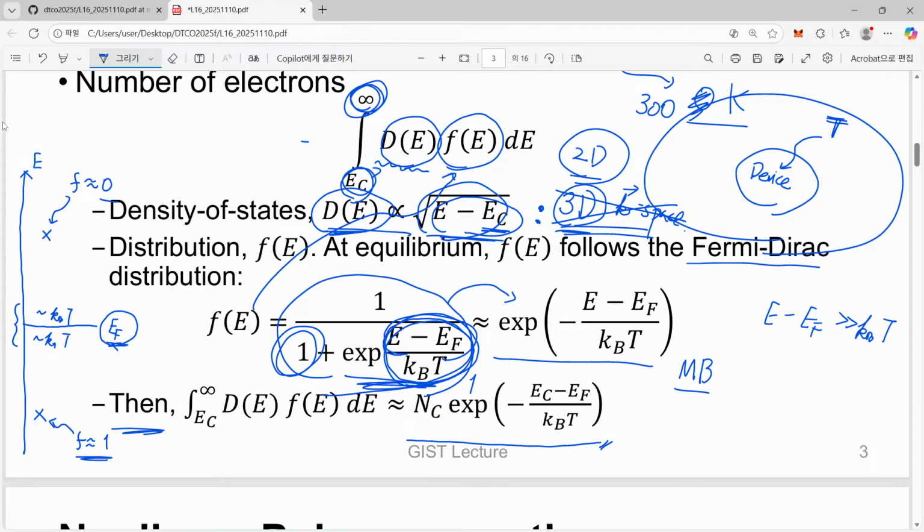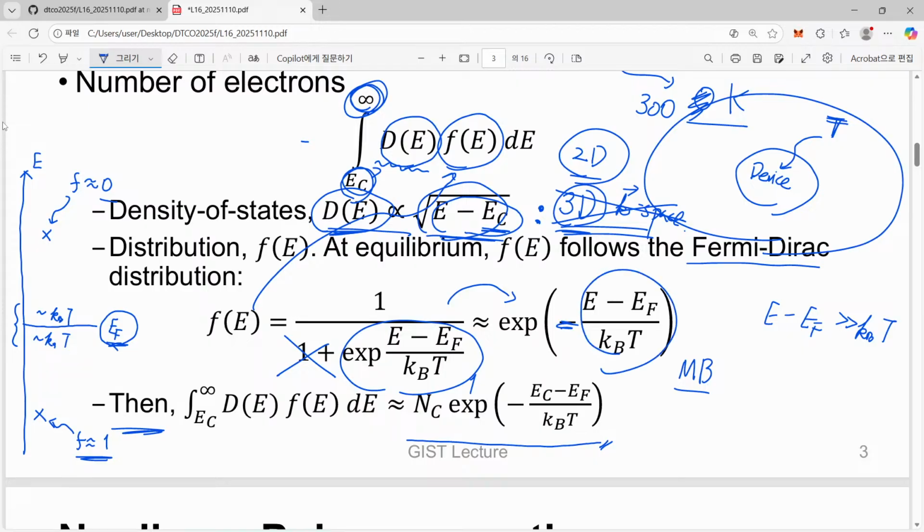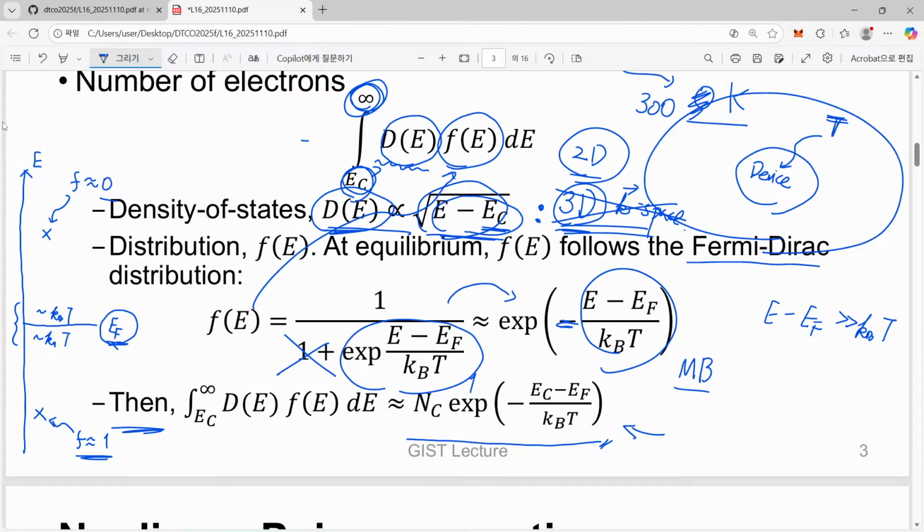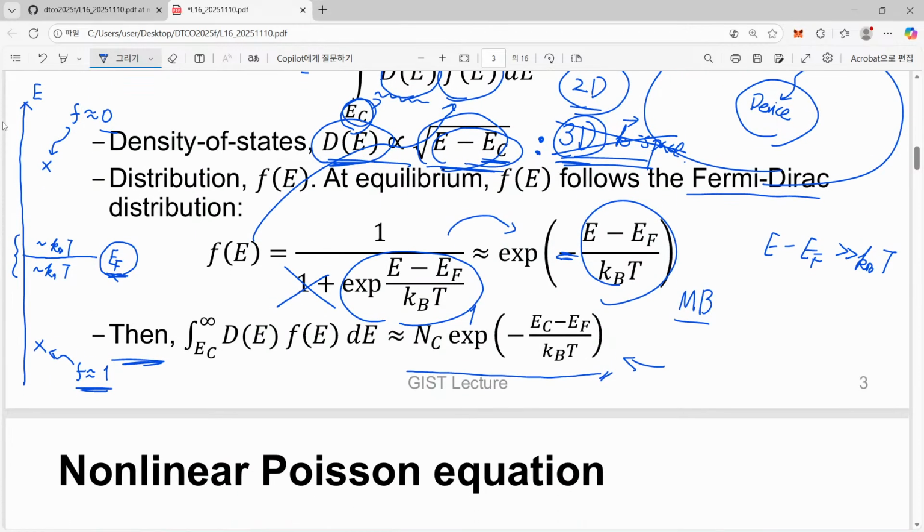So we can clearly neglect the number 1 compared with the exponential term. That's the reason why we can have just the minus exponential expression. This is a quite well-known expression under the assumption of Maxwell-Boltzmann statistics, and this is quite acceptable for many cases. Of course, I'm not saying that this is really true, but this is widely used, and we will rely on this expression.